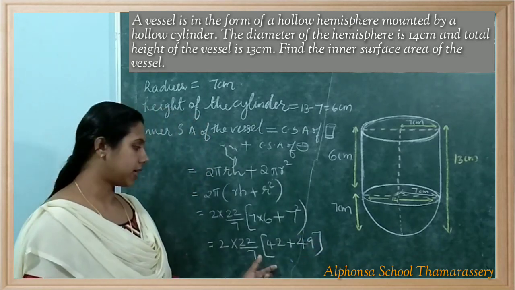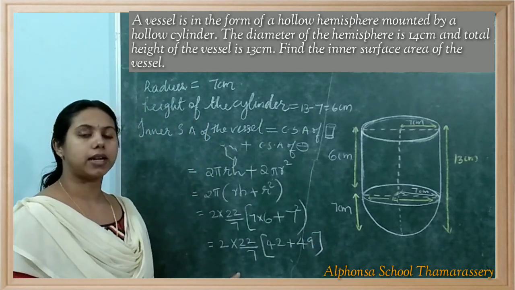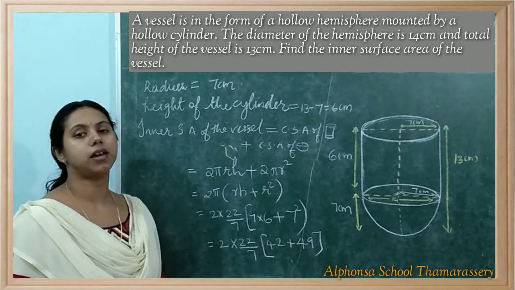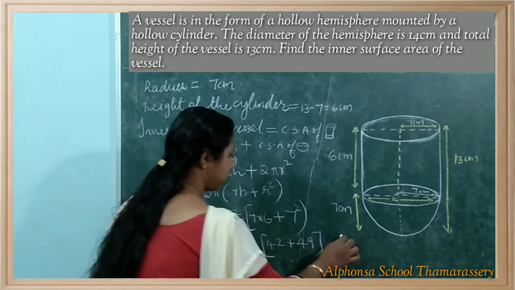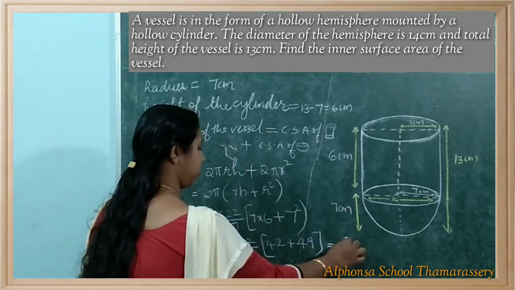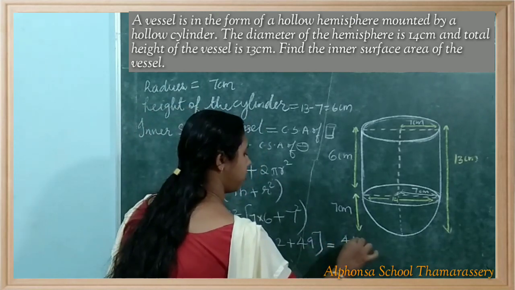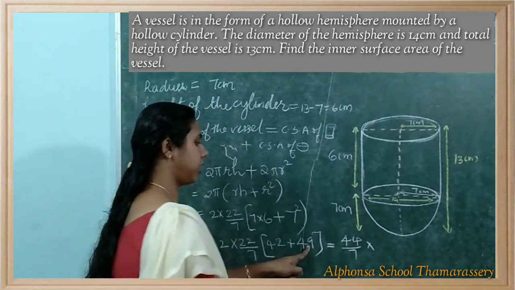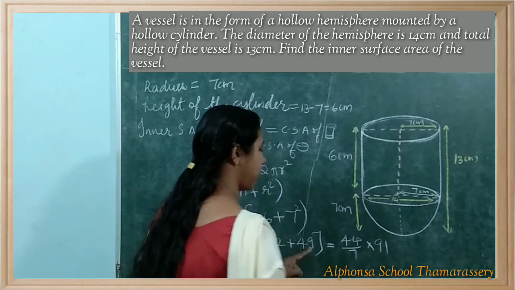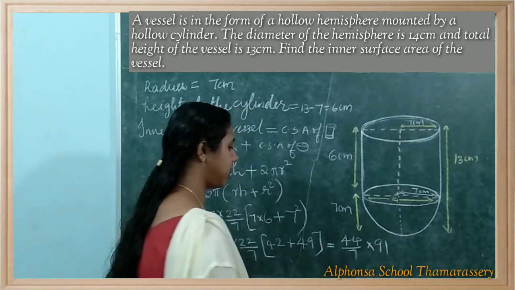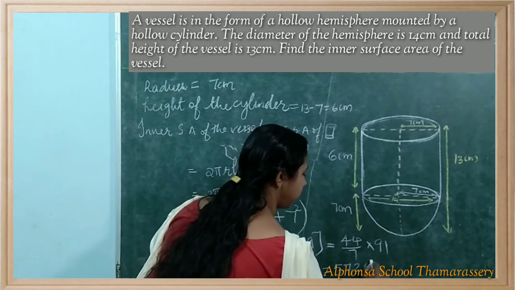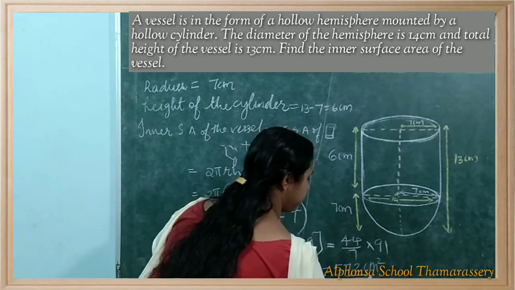So when you solve this, we get the inner surface area of the vessel, which is equal to 2 into 22, that is 44 by 7 into 42 plus 49, that is 91. So 44 into 91 by 7 is equal to 572 centimeter square.